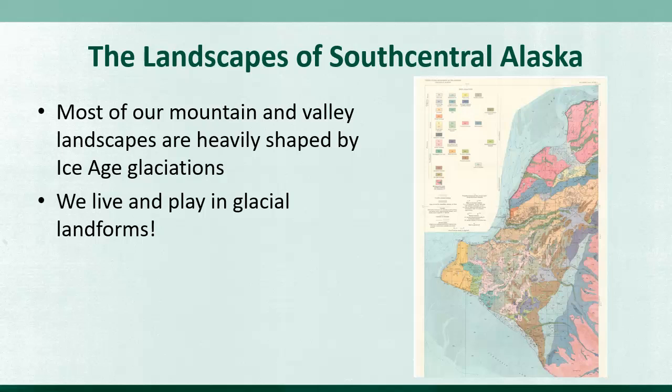And you will learn that there are glacial landscapes stretching all the way from the tip of Kincaid into the Chugach Mountains, and from Elmendorf Air Force Base all the way down to very South Anchorage. And this is the case not just for Anchorage, but for many other parts of South Central Alaska. We live and play in glacial landforms in Alaska, which is pretty fun, actually.